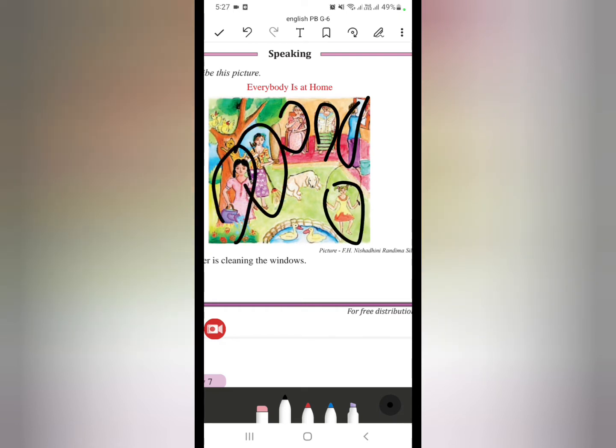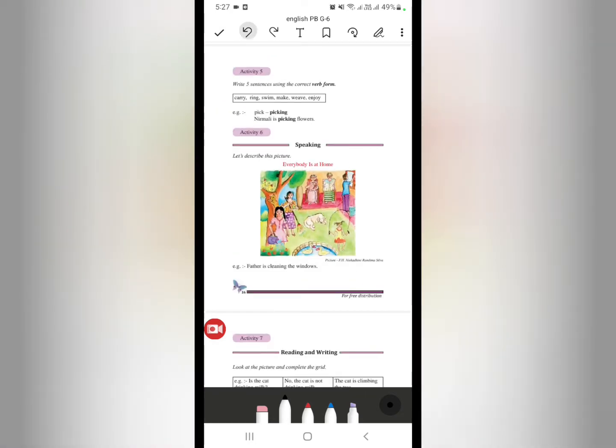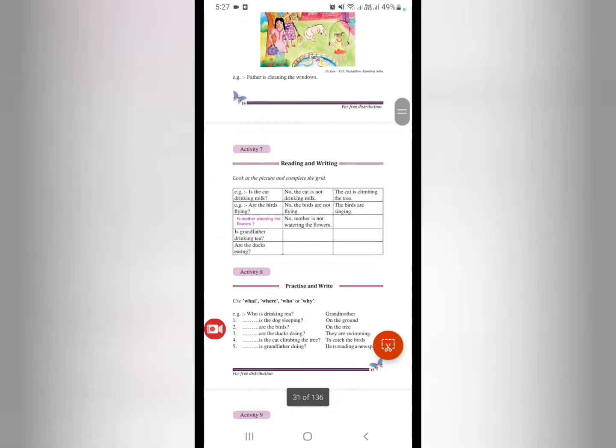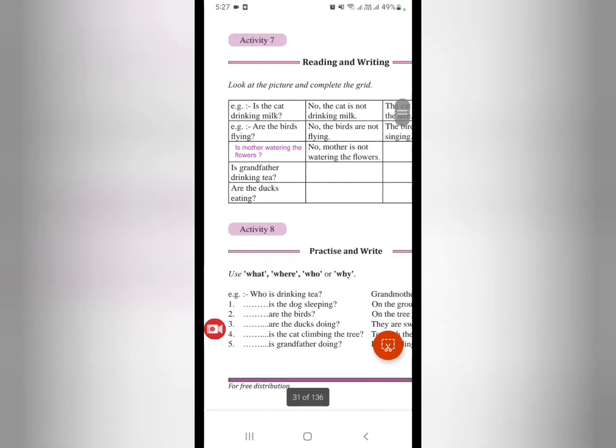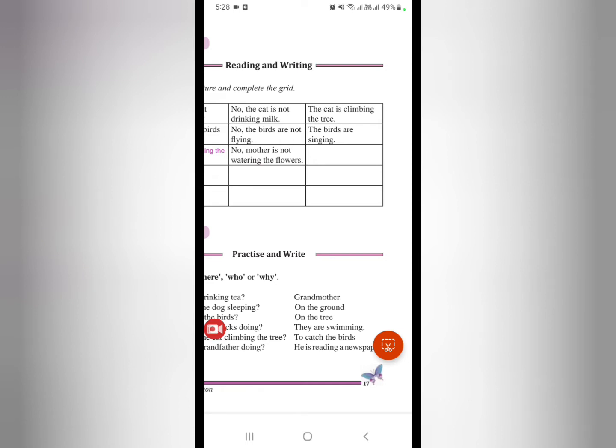Now this is the mother. Now we know, what is this mother doing? She is sweeping. Then what should we do? We should write mother is sweeping.